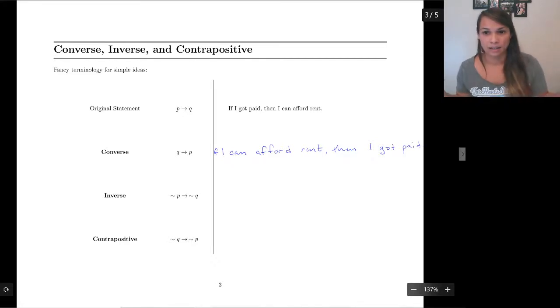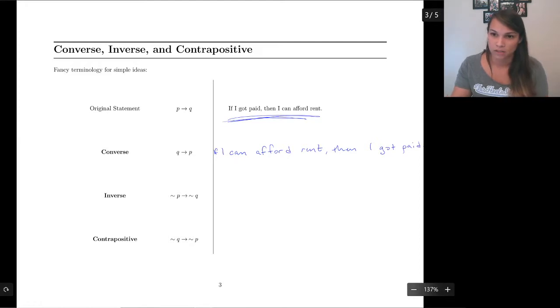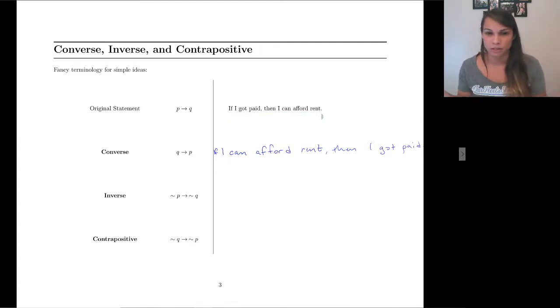That is not necessarily true. Maybe I had enough savings that I could pay rent. I maybe didn't need to get paid in order to afford rent. That is not something you can conclude from this original statement. Whether or not the converse is true is absolutely unrelated to whether or not the original statement is true.